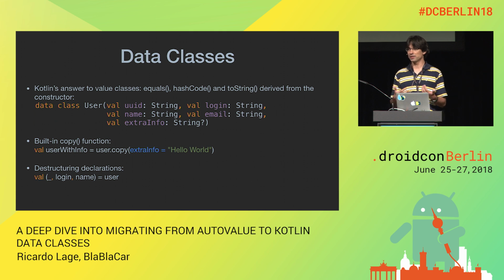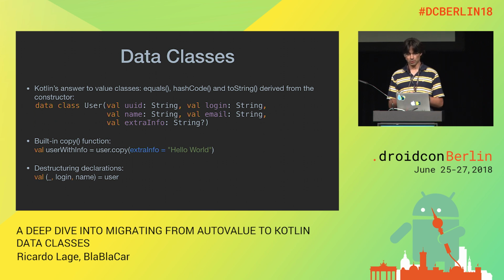So data classes already out of the box give us pretty much everything that AutoValue does as an external dependency. So if you're using Kotlin, data classes generate equals, hashCode and toString for you at compile time. So you're not doing an annotation processing step anymore. This is done during compilation of your Kotlin class. And you get extra stuff.